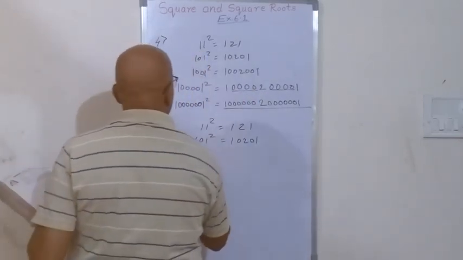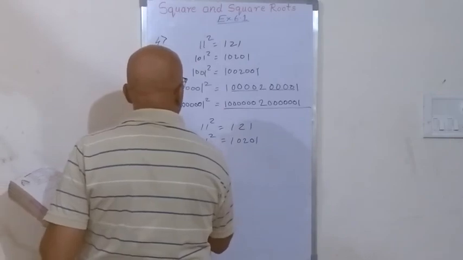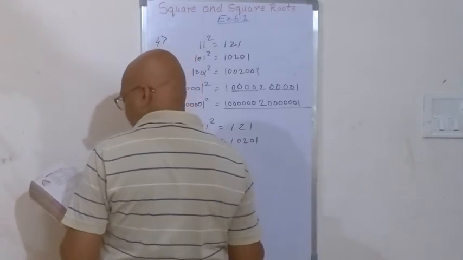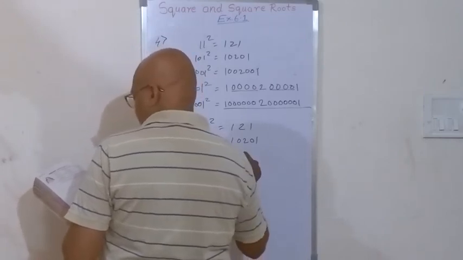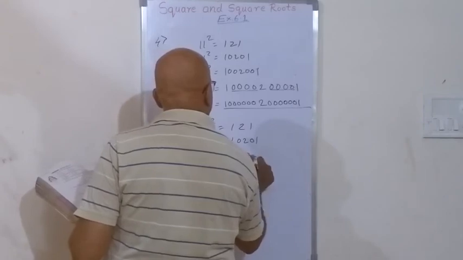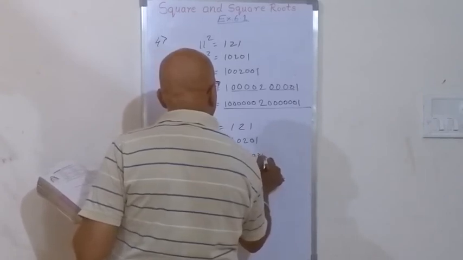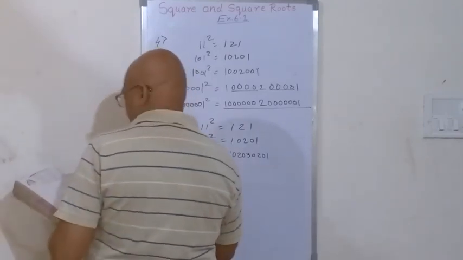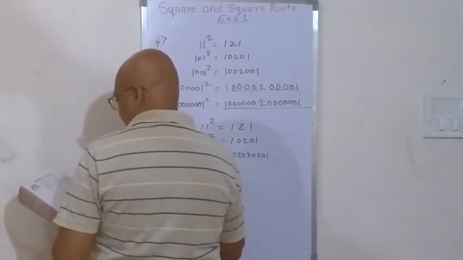Then it is 10101 square equal to 102030201, and then the two fill in the blanks are there.